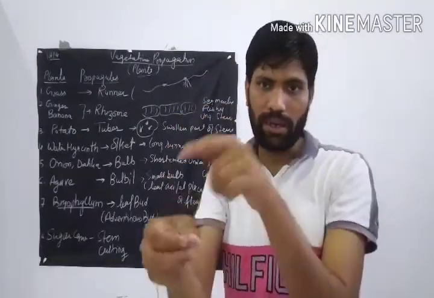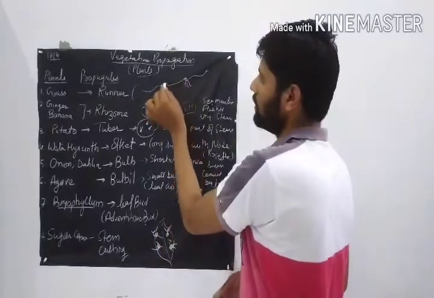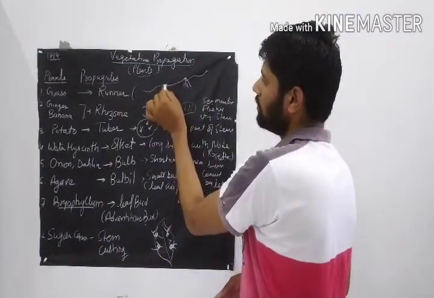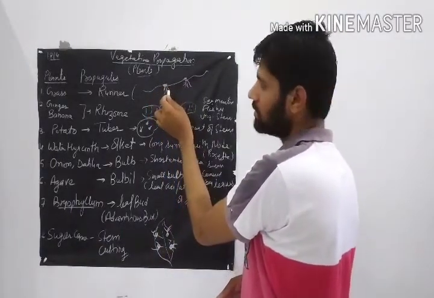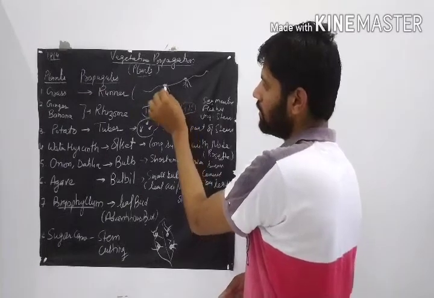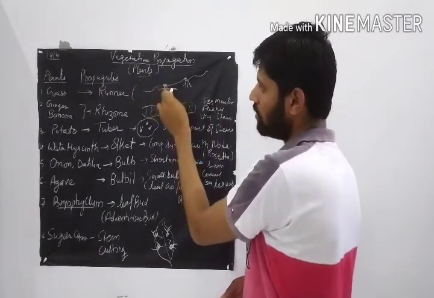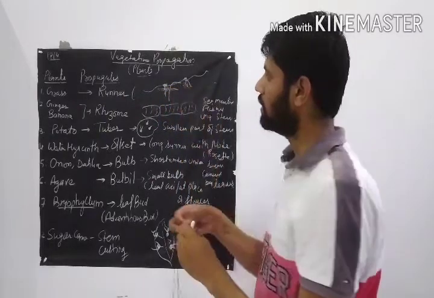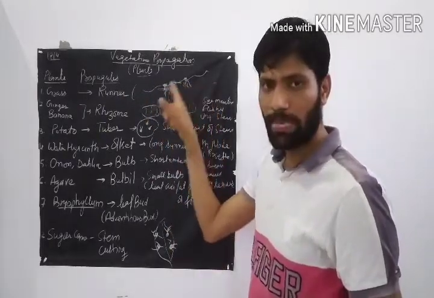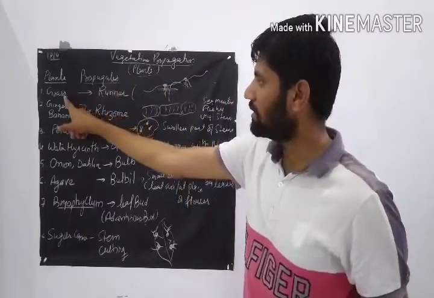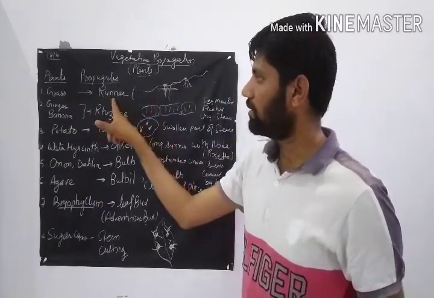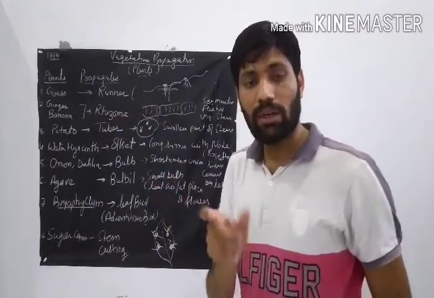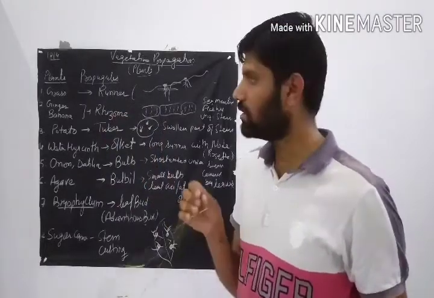By this process, again and again, some adventitious roots come out from the node, embed into the soil, and form a new branch, so there is continuous growth of this grass, and this is known as runner. Runner is the aerial part of this plant.